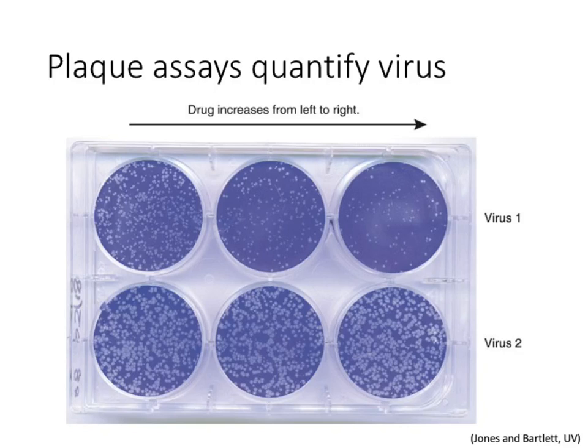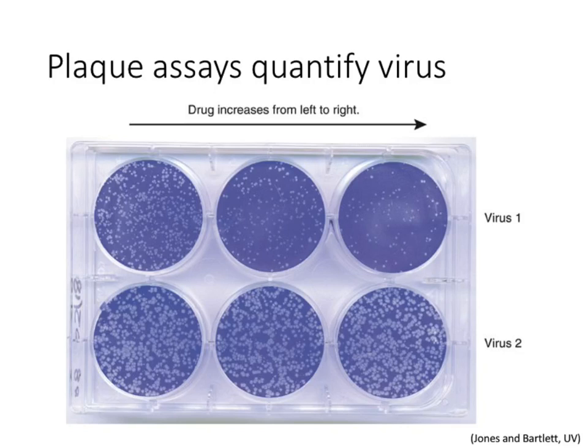The media you add to them, the most common one is known as DMEM, which stands for Dulbecco's Modified Eagle's Medium. And it's got nutrients, it's actually got phenol red in it as a pH indicator, because you also need to provide a certain concentration of CO2 to keep these at homeostasis. You're also adding something like bovine calf serum, or that's the cheaper one.